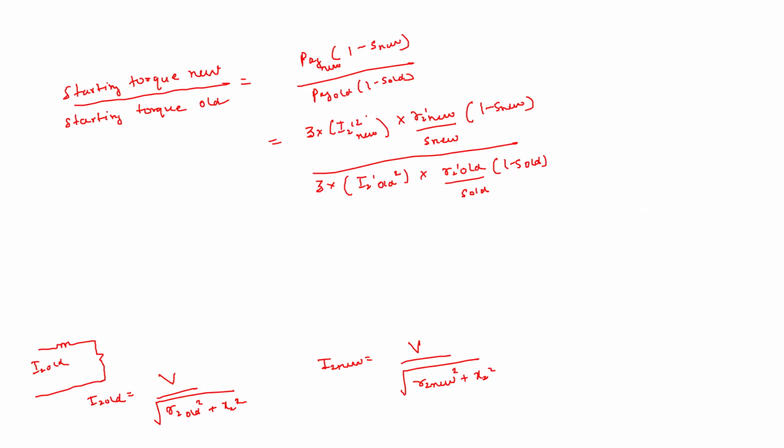Right. So instead of I2 old and I2 new, you substitute the value and then you will also find it in the ratio of R2 old to R2 new. So if you do that, you can find the ratios here. You know the ratio of R2 new to R2 old, you know the values of S new and S old, and you can express this I2 old and I2 new as the ratio of R2 old to R2 new. So if you do that, you can get this ratio.